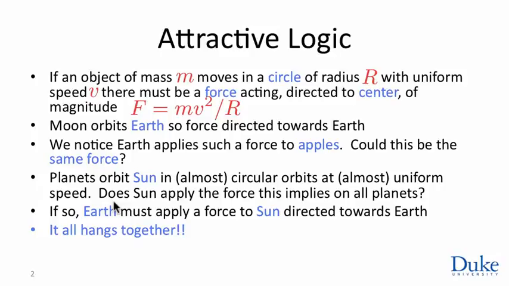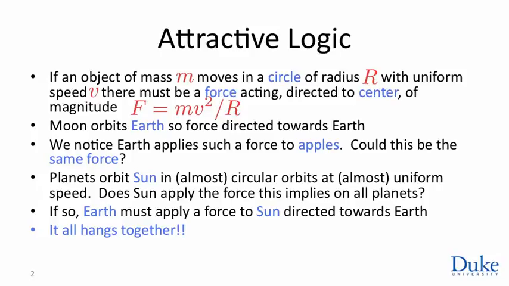So it makes sense to guess that the sun will be applying this force, and the sun therefore applies a force on all the planets. Then, by Newton's third law, since the sun must be applying force to all the planets, among them the Earth, the Earth also applies an equal and opposite force to the sun. In other words, if the sun applies a force to the Earth directed towards the sun, the Earth applies a force to the sun directed back towards the Earth.